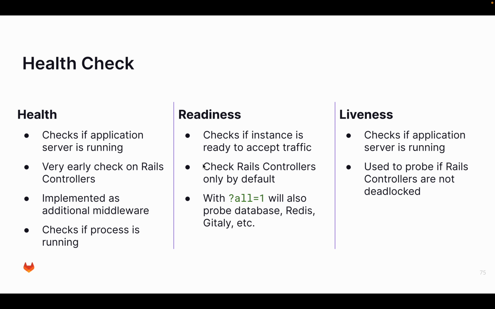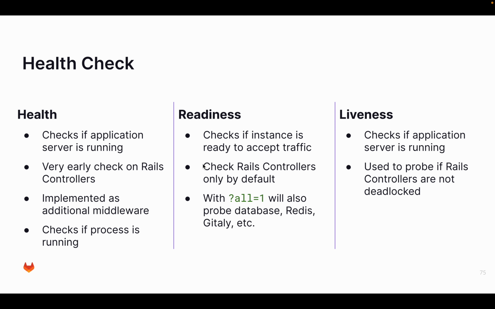So you can configure it to check if you can really connect to GitLab. And with the all parameter, you can also probe for all the other components like the database, Redis, and Gitaly to check if they are ready to accept connections, to accept traffic. And then you have the liveness probe, and that really checks if the application is running and if there's not a deadlock, so if they're really responsive, so to say.